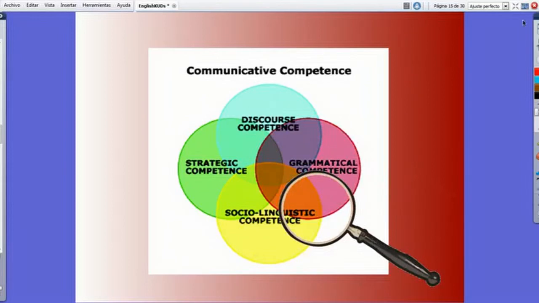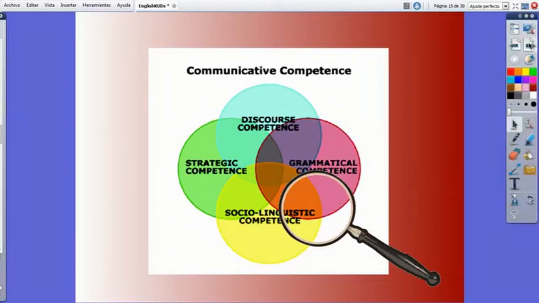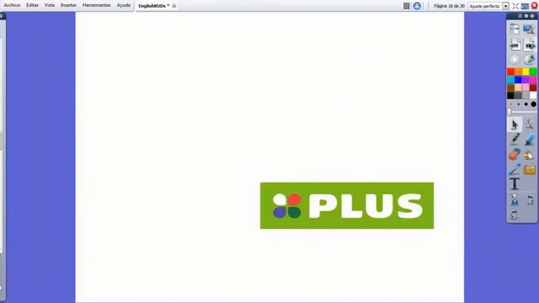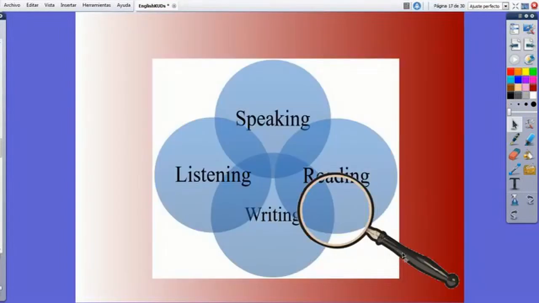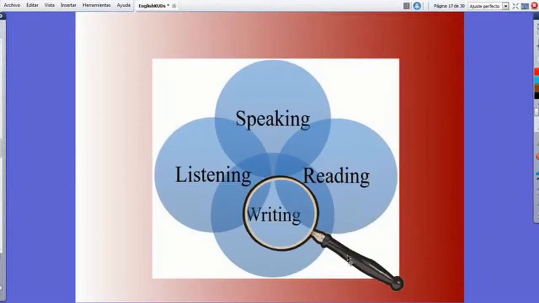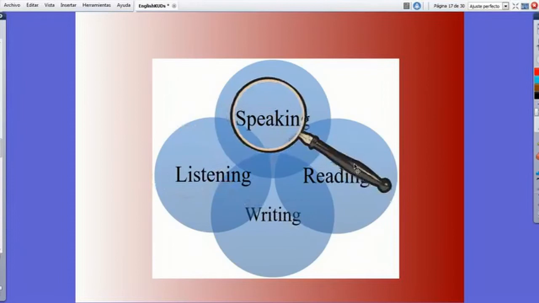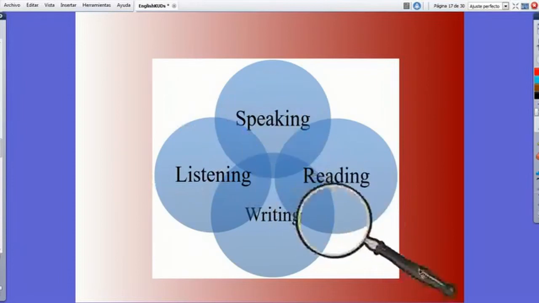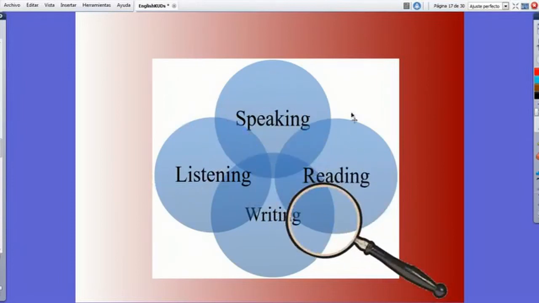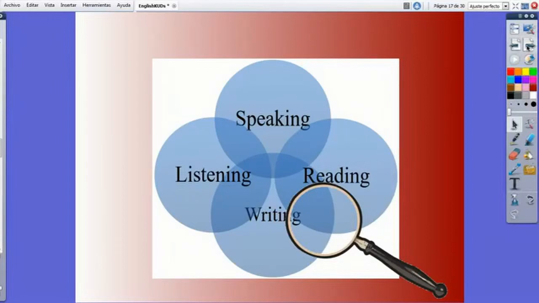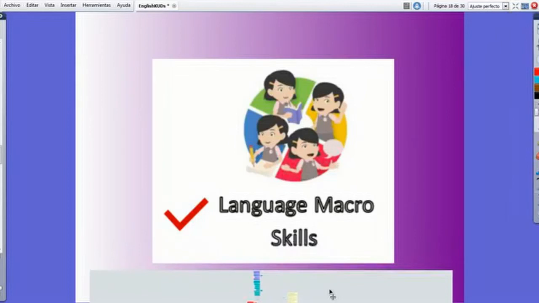So we should teach this as well as reading, writing, listening, and speaking. Or, that is to say, the 4 macro skills.